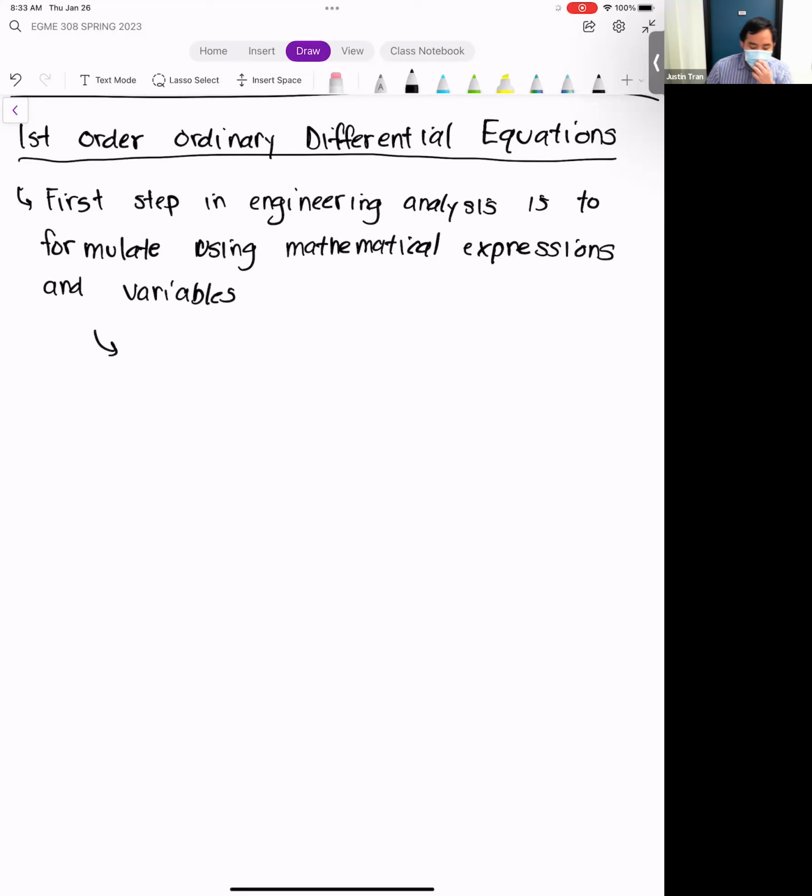If you're able to take a physical system and formulate it in math, this is what constitutes a model.